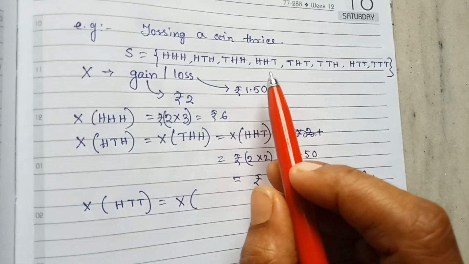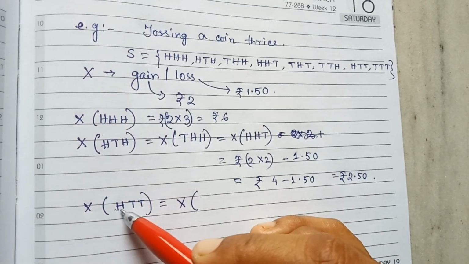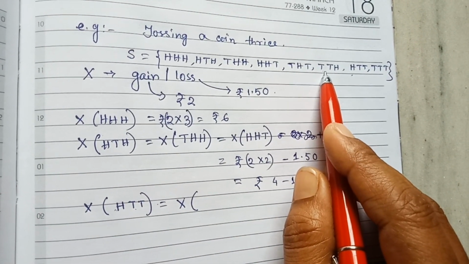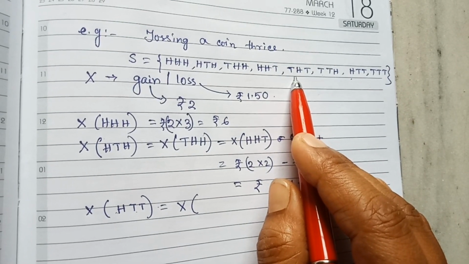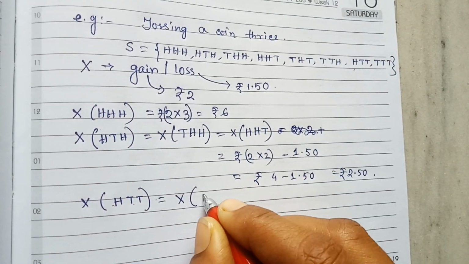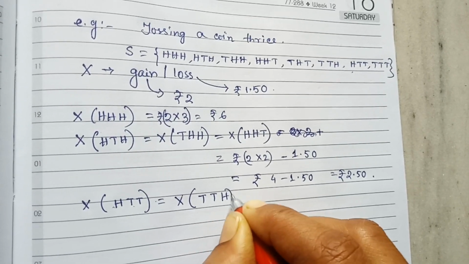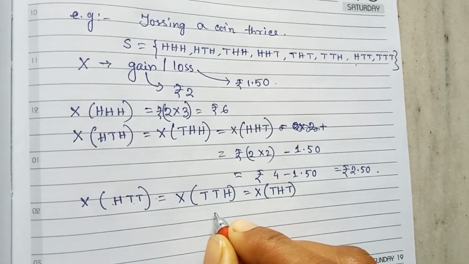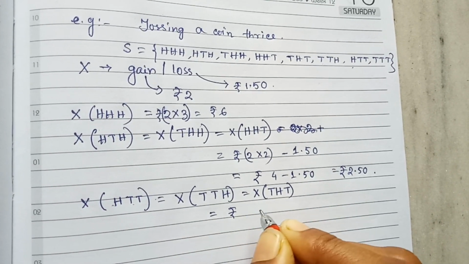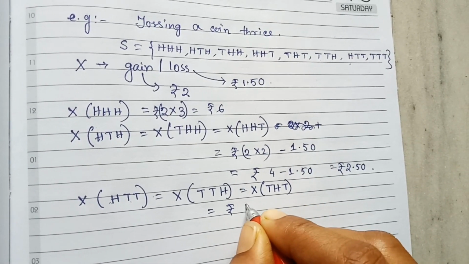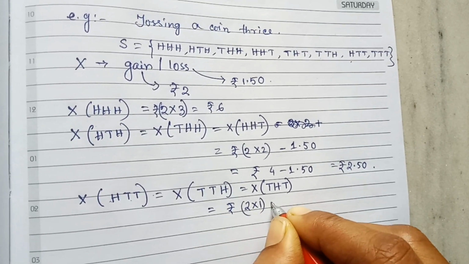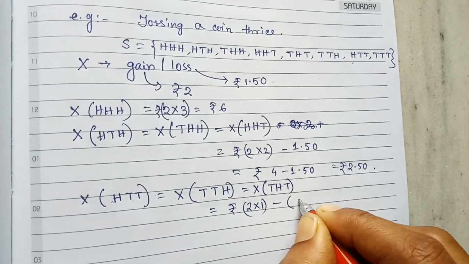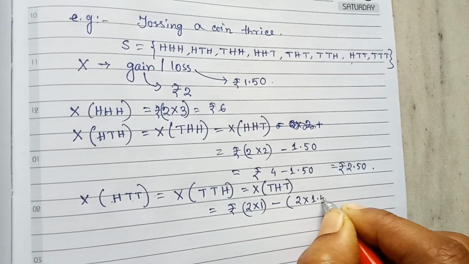Now we are taking the variable X on the sample points having 2 tails and 1 head. So there will be 3 members: HTT, TTH and THT. For this we will be getting ₹2 for 1 head, 2 into 1, and the losing amount for 2 tails, 2 into 1.50.